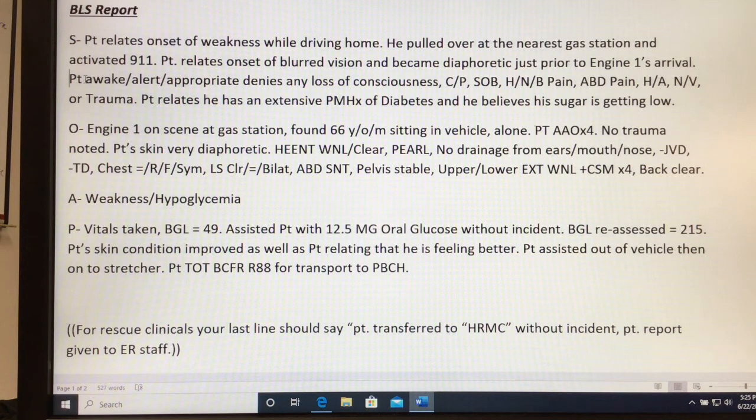But I ask these questions anyway, therefore I narrow down the possibilities of what might be happening with my patient so I can really define my treatment. Otherwise, I have a lot of possibilities that I can pick from. I might spend a little bit too much time looking for things when I could be treating what's actually happening with my patient. So keep that in mind.